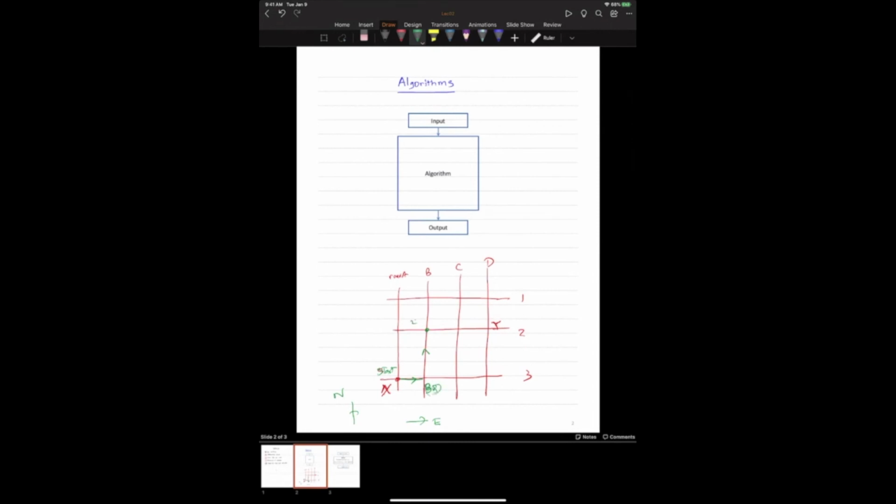This will be 2B, and then until 2B, and then go east again until you reach your destination. So that's an algorithm.